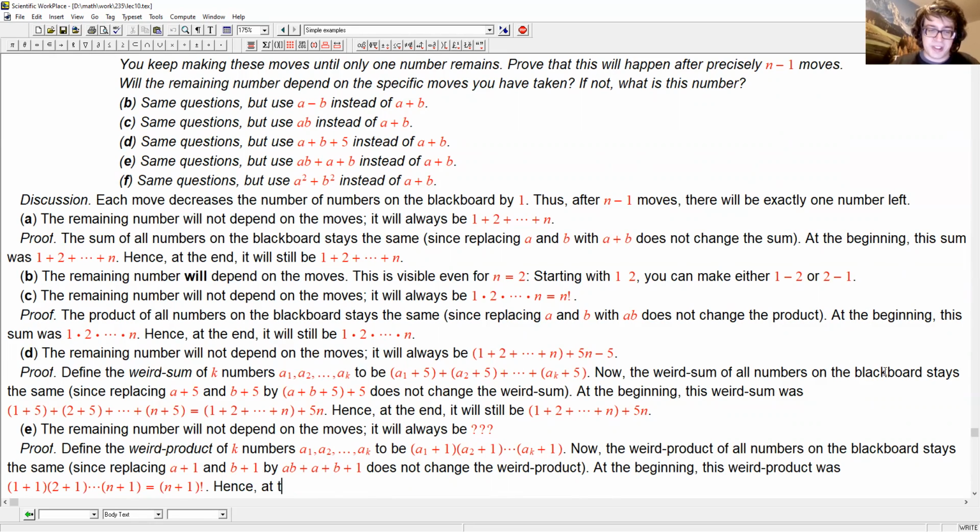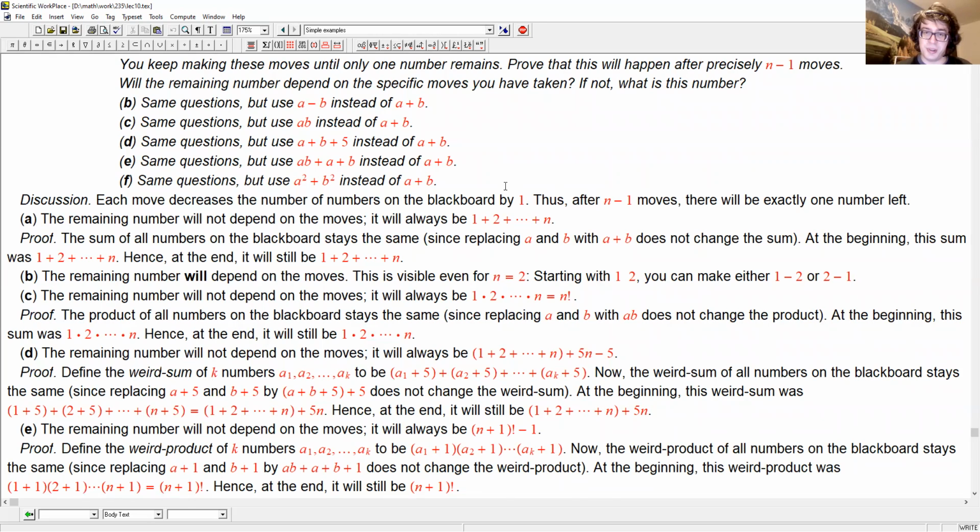So at the end, the weird product will still be n plus 1 factorial. So what will the remaining number be? The weird product of the remaining number will be n plus 1 factorial. But the weird product of a number is that number plus 1. So to get the number, I need to subtract the 1 out. And that's your answer.